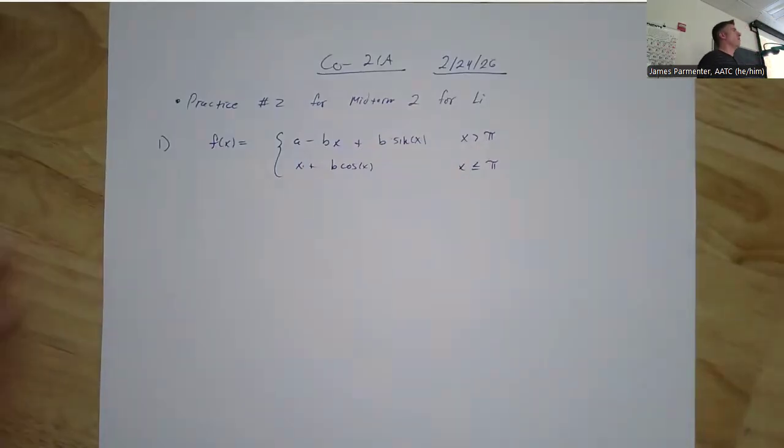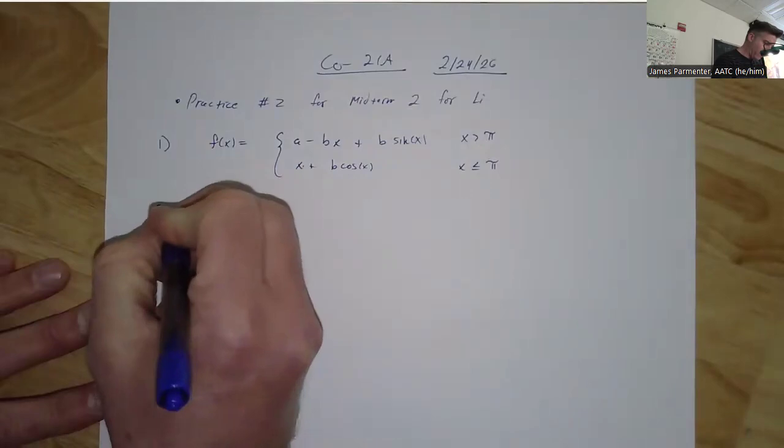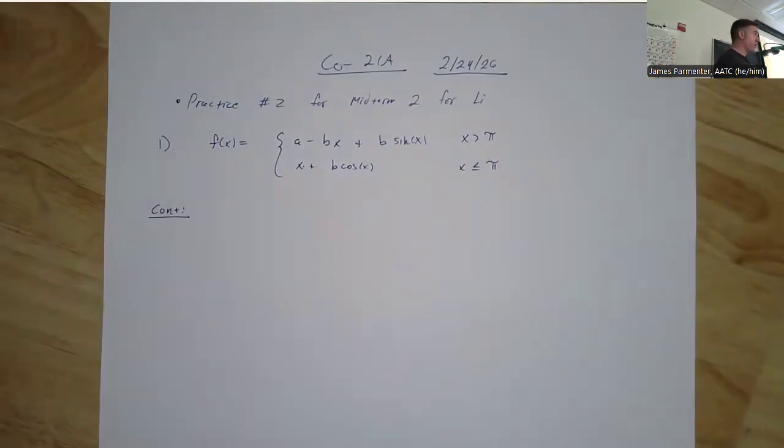So really, the only thing we're actually concerned about here for continuity is making sure that the left-hand limit and the right-hand limit match. Because if those two things match, then the limit will exist. The function value will be that same value because one of the pieces already is that piece on that side. And so it'll be continuous as long as the left-hand limit and the right-hand limit match each other.